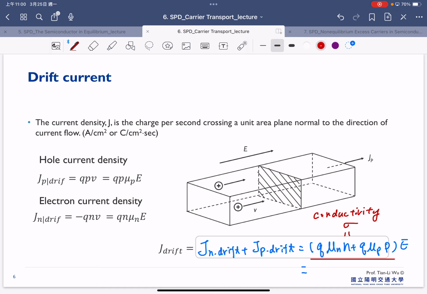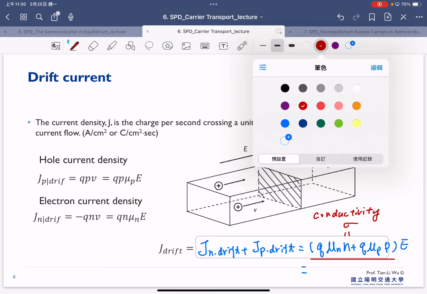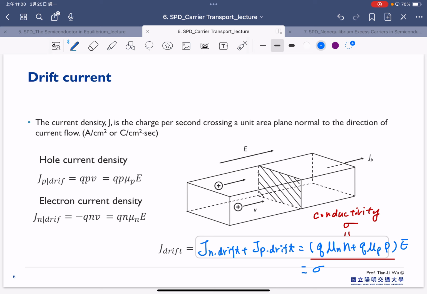So that is equal to sigma E. One thing I also want to mention is that 1 over conductivity is the resistivity. So resistivity is equal to 1 over sigma.